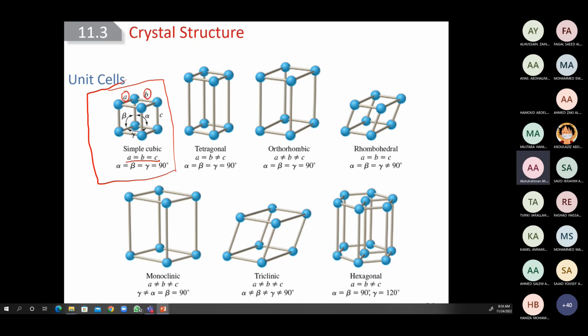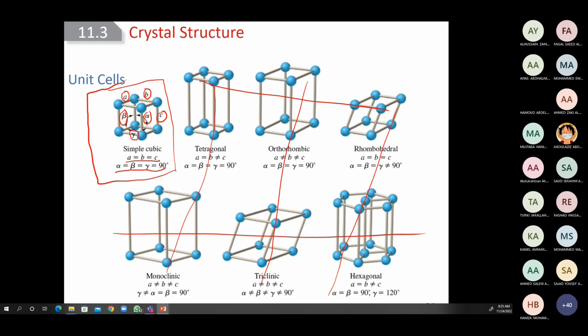This is A, this is B, and this is B. What are alpha, beta and gamma? The angles are 90, always the same. Exactly. I want you to know only this one. Don't look at the others even. Clear?